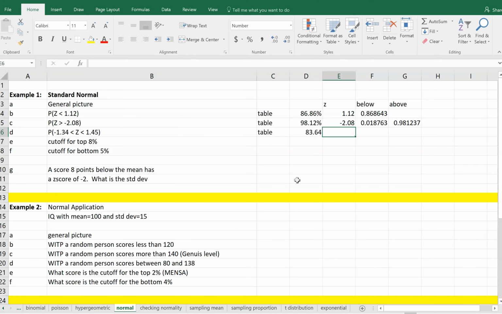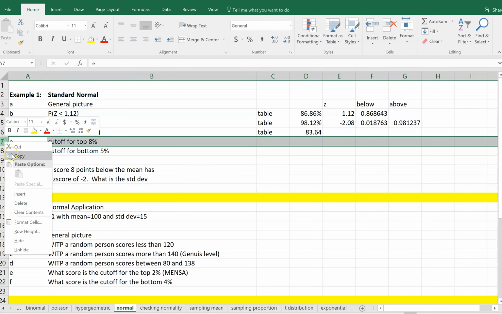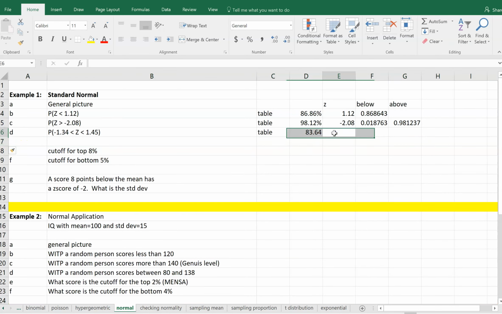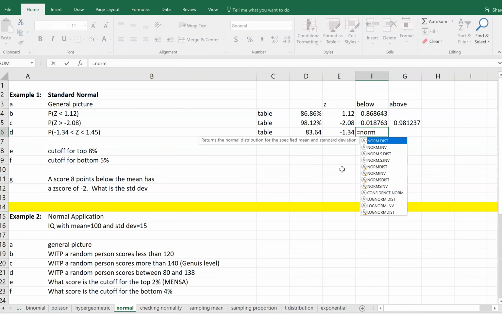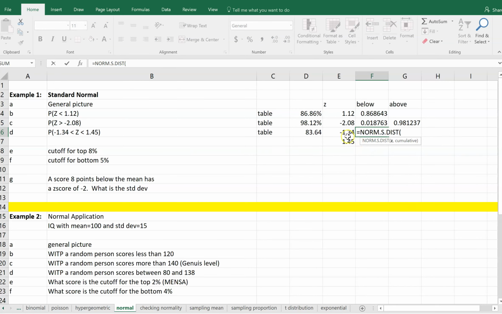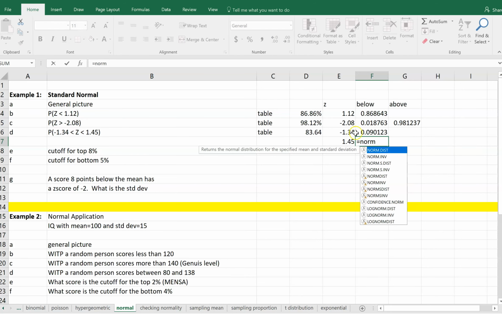But okay, how do I do this if I want to do it with just Excel? Well, here's what you would do. You would take a look at each z-value, negative 1.34 and 1.45. And you can use NORM.S.DIST to do the integral of each one of these, and you get the areas below, just like we looked up in the table.